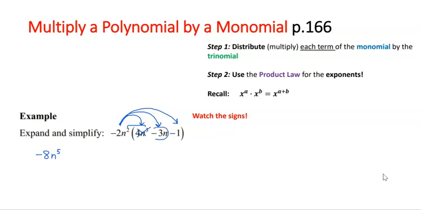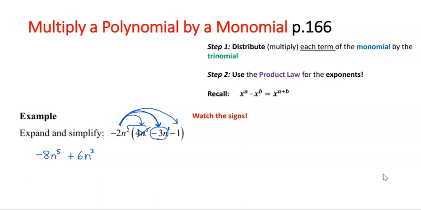Second term is a negative 3n. We're going to be multiplying negative 2n squared to negative 3n. Negative 2 times negative 3 is a positive 6. N squared multiplied to n to the power of 1. 2 plus 1 is n to the power of 3.